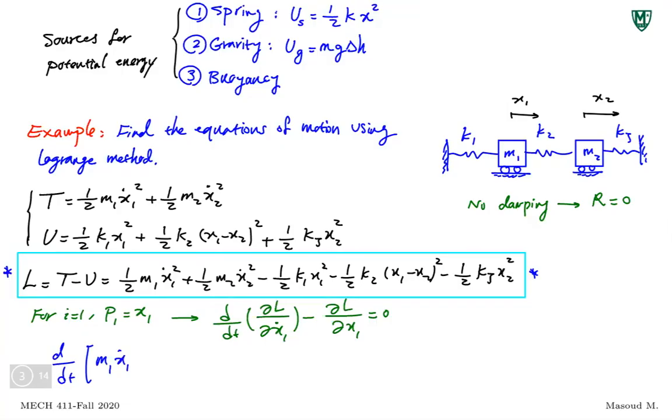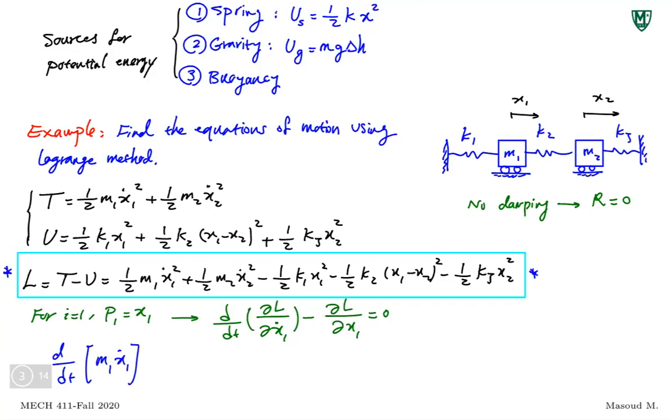There is no other x1 dot, so the rest is just 0. All the other terms, none of them has x1 dot. Remember this is a partial derivative. The L function is a function of x1 dot, x2 dot, x1, and x2. But when we're taking the derivative with respect to a specific parameter, in this case x1 dot, the rest we treat as constants. It becomes 0.